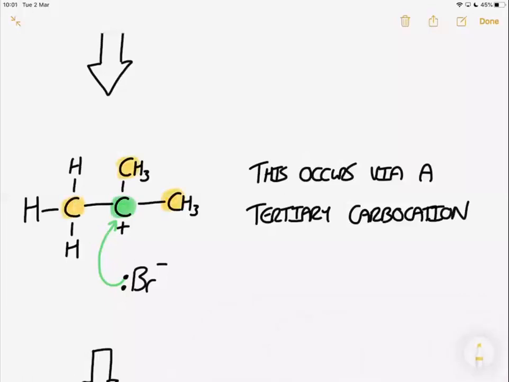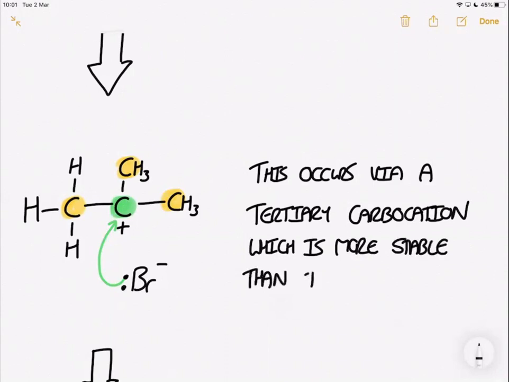So if you cross-reference that with the list that we did, you'd see that that's a tertiary carbocation. This is more stable than the primary carbocation that forms the minor product.